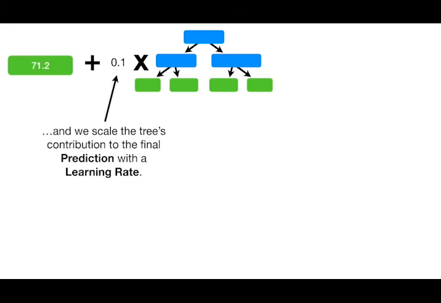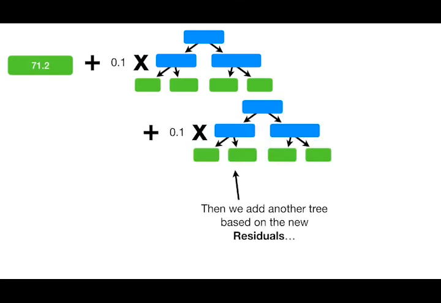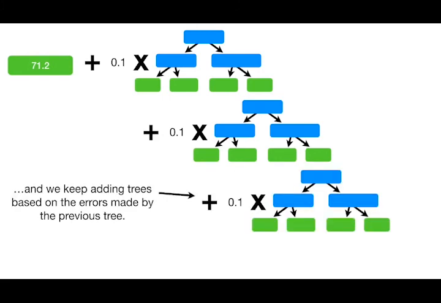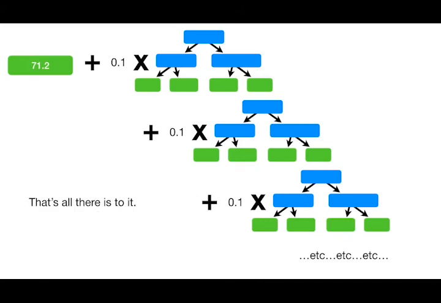And we scale the tree's contribution to the final prediction with a learning rate. Then we add another tree based on the new residuals. And we keep adding trees based on the errors made by the previous tree. That's all there is to it.